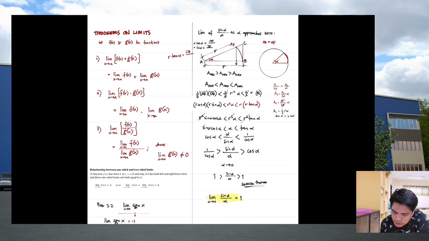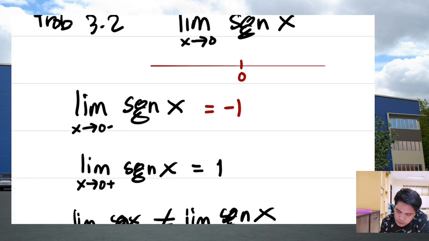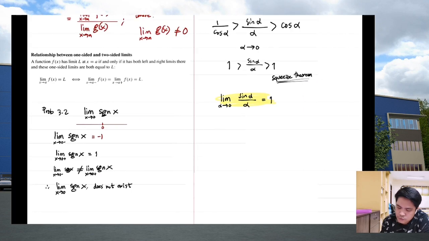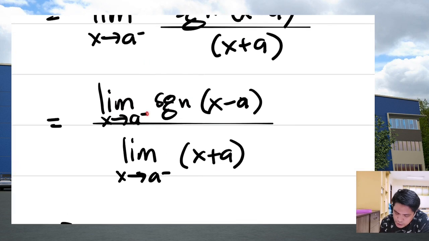Eto, balikan natin yung limits ng signum. Here, if we have signum x from the left, or that's a negative number, that's equal to negative 1. The limit of the signum of x from the right, or a positive number, that's positive 1. So ulitin natin dito, in this particular problem, if we approach a number from the left, meaning we substitute a number that is close to a but less than a, the result here is negative.